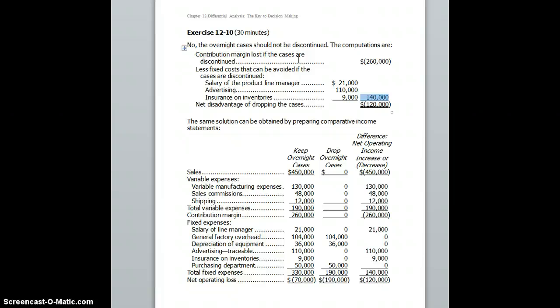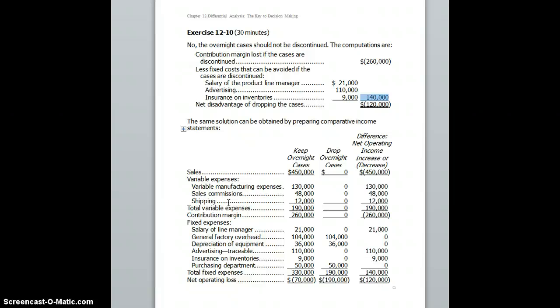But before I go, you can see down below on this solution, they show the long version of how to come up with this answer, and they basically go right down the line and draw up an income statement of what would be different. And you can see the net operating income would decrease by $120,000 by dropping this particular product line.